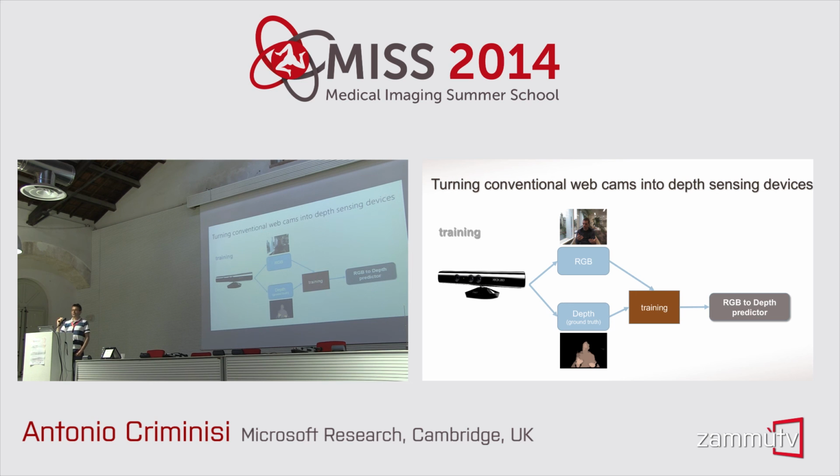For the specific application of Skype chatting, video chatting, we trained a system which, given pairs of RGB images of talking people and the associated depths, can make the associations and from an RGB image only reconstruct the depth, or predict the depth. And even if you move far or close to the camera, or if you wave your hands, or if you have an object in your hands, it still works. It doesn't just work for a head on top of shoulders. If you move your hands, it does a reasonable job.